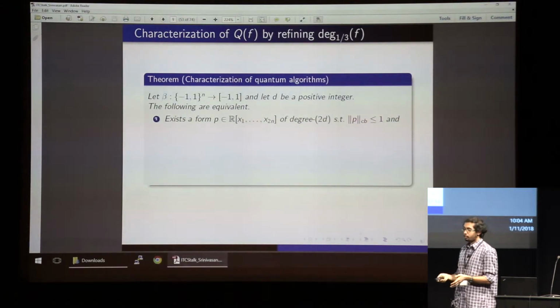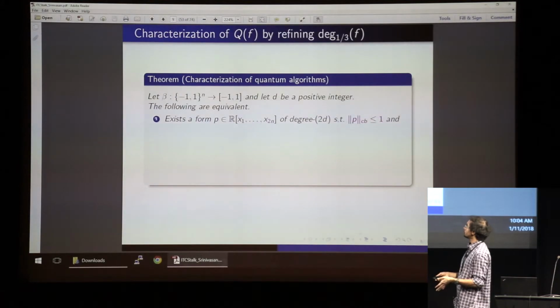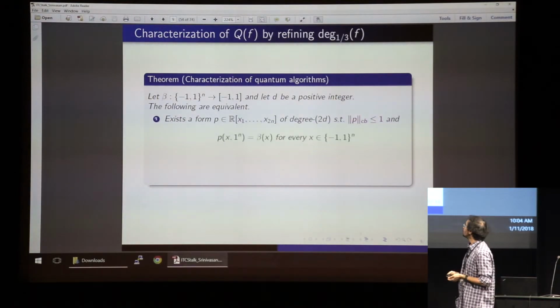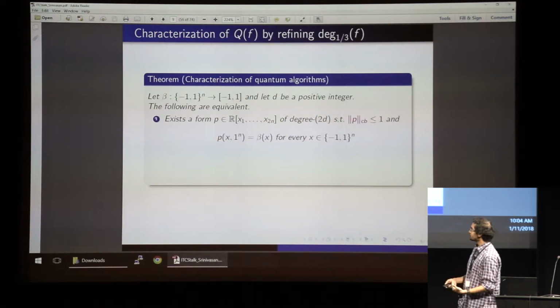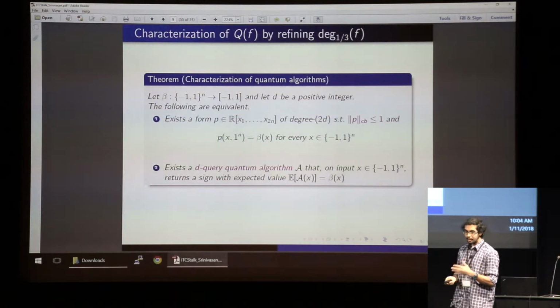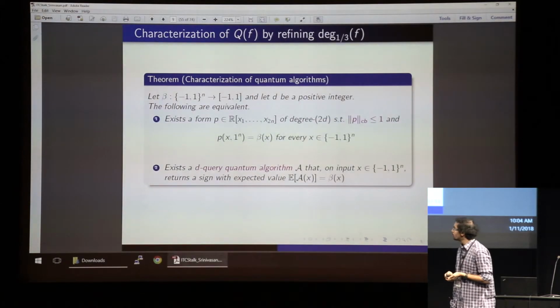There exists a 2n variate polynomial, which is homogeneous, a form, meaning a homogeneous polynomial of degree 2d, so that p is completely bounded, and p evaluated on the inputs (x, 1^n) is equal to beta of x. This is equivalent to there existing a quantum algorithm that makes d queries and that on input x returns a sign plus or minus 1, and the expectation of the sign is equal to beta of x. So this is our main characterization result.